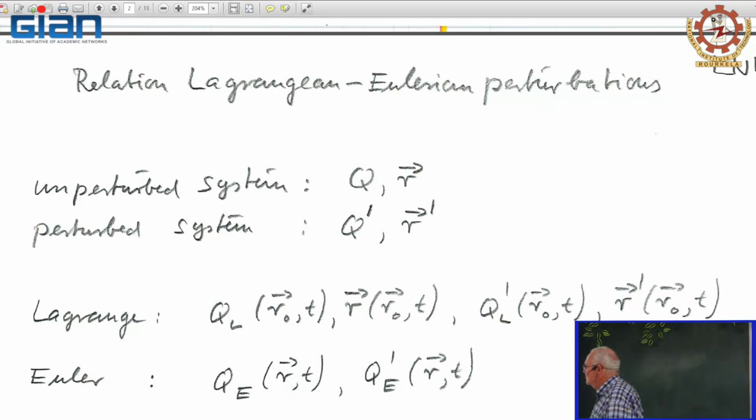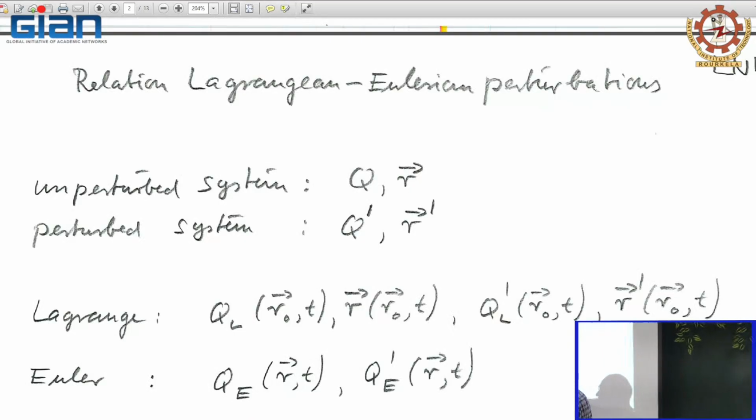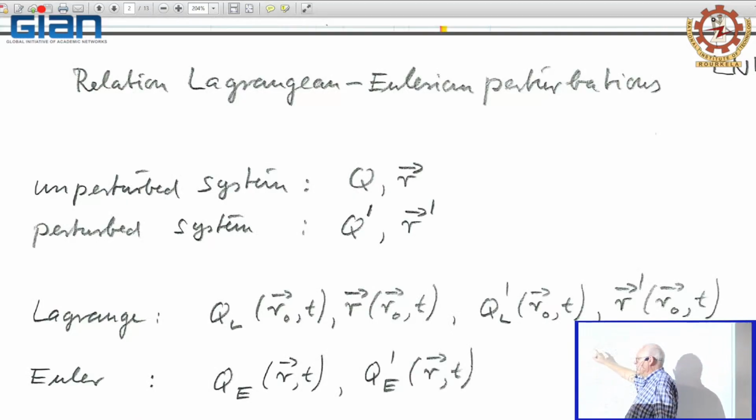So we have an unperturbed system, which is characterized by a quantity q or many quantities q, and a position vector, either in the Lagrangian sense as a position vector depending on the initial position vector, or in the Eulerian system just the position vector of a fixed position. And we have the perturbed system, q dash. The dash denotes a perturbed system.